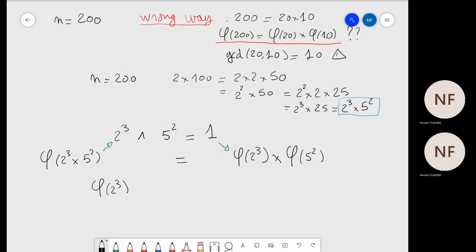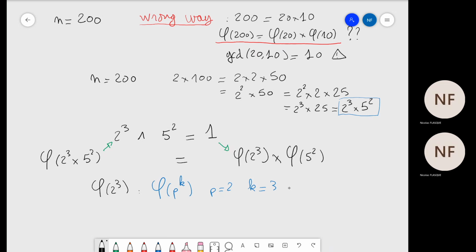Phi of 2 to the power of 3 is calculated using statement number 2 with p equal to 2 and k equal to 3.